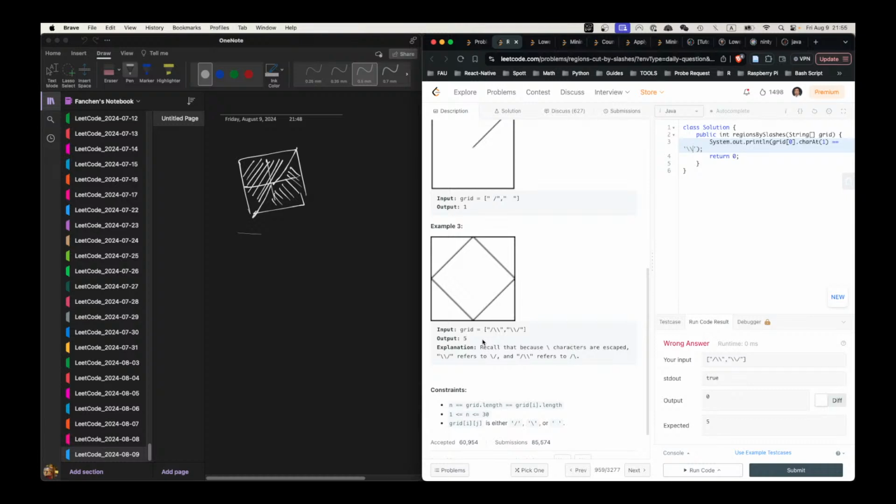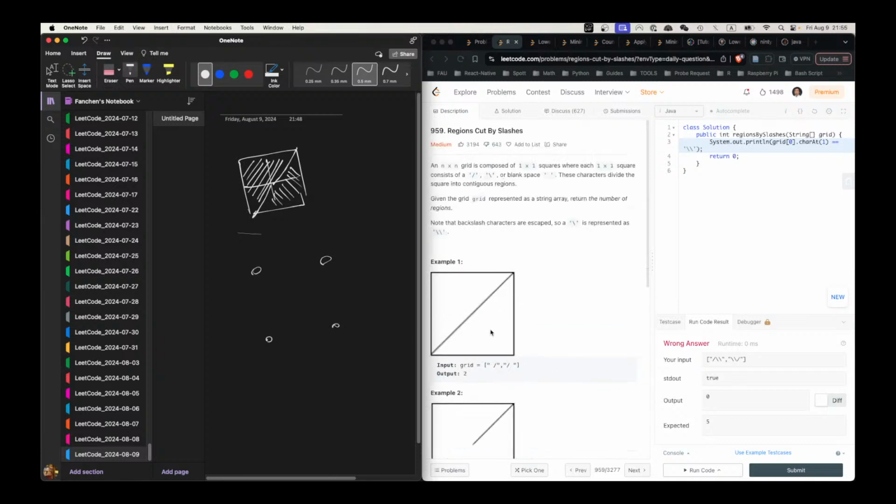So eventually what we're going to have is some nodes, like this problem.